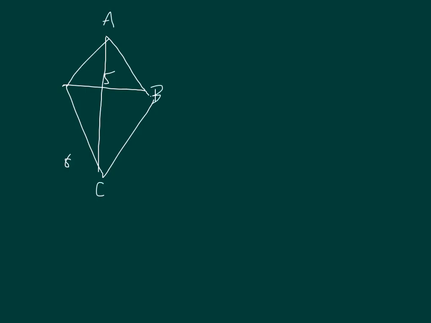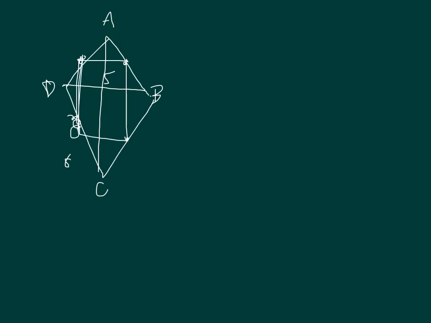So we have a kite, and one diagonal, the shorter diagonal is 5, and the longer diagonal is 8. Okay, and then we take midpoints of each segment, so that we form the quadrilateral.